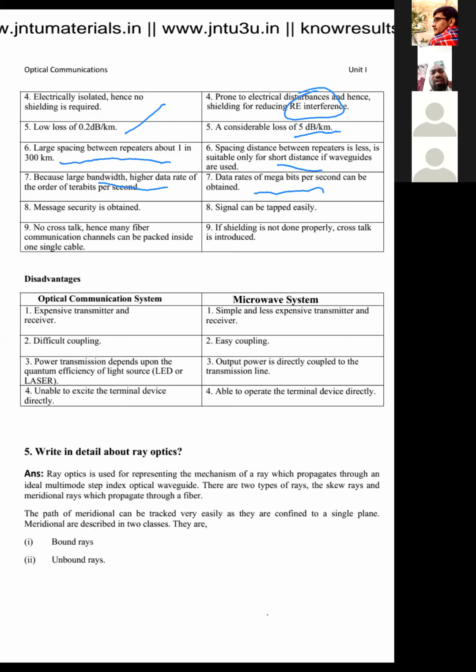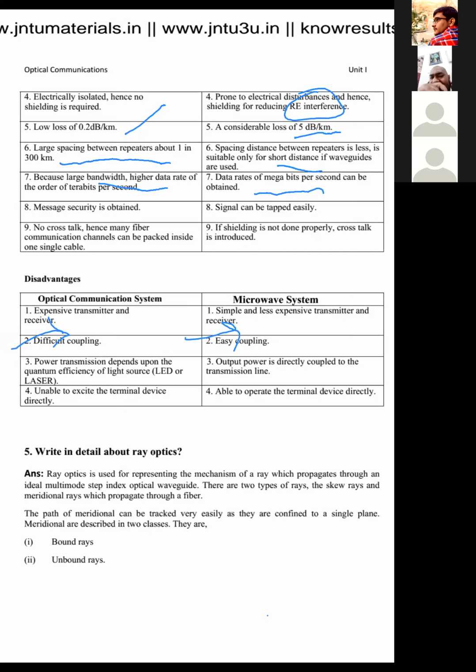Now, talking about disadvantages, I'm comparing the disadvantages between the optical system and the microwave system. The optical system is expensive and the microwave system is less expensive. Coupling is difficult in the optical system, whereas coupling is easy in the microwave system.